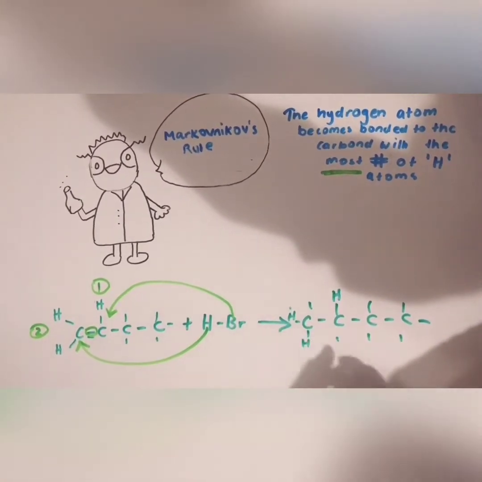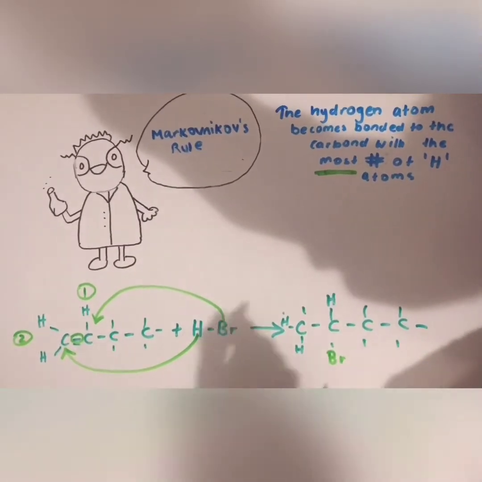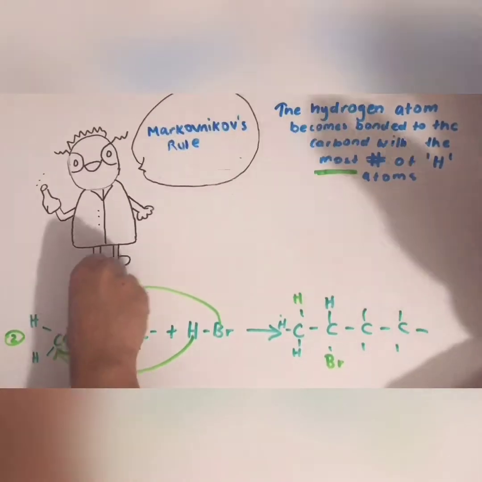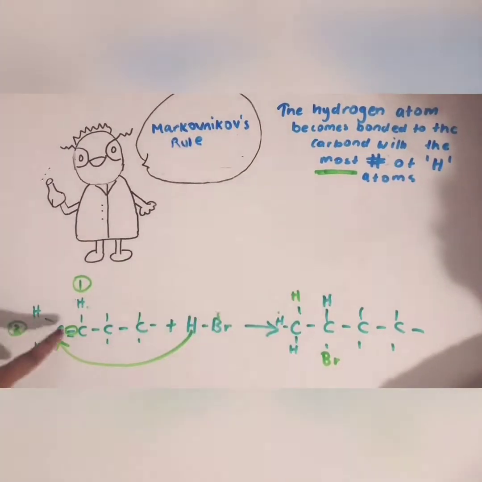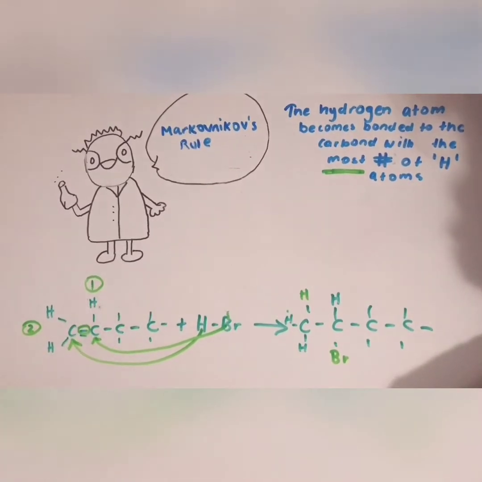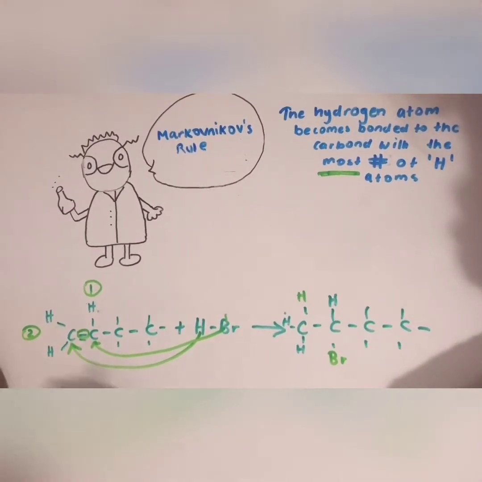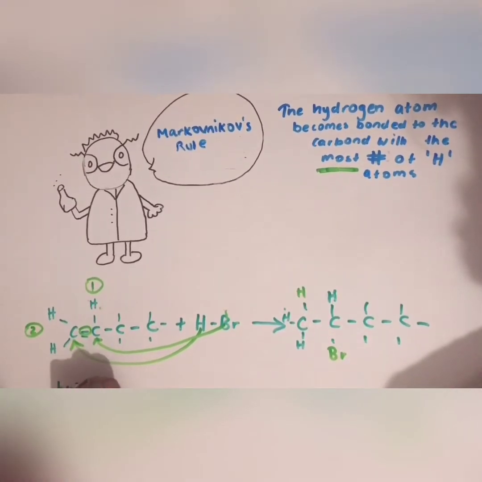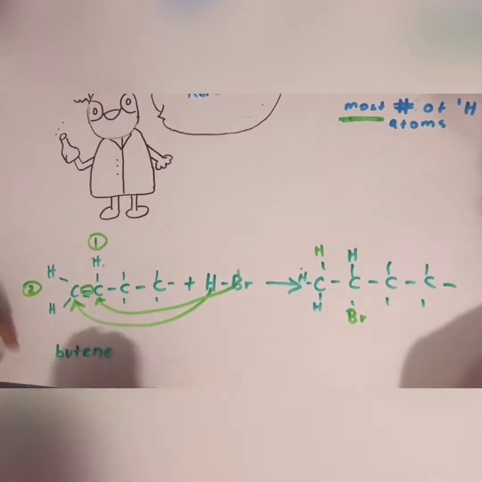Let's leave out the other hydrogen symbols that are not involved in the reaction to make the structural diagram look more neat. Let me just erase that line. So the bromine is going to go to the carbon instead of the hydrogen, because that would look more like a substitution reaction. So the general word equation for this reaction is butene.